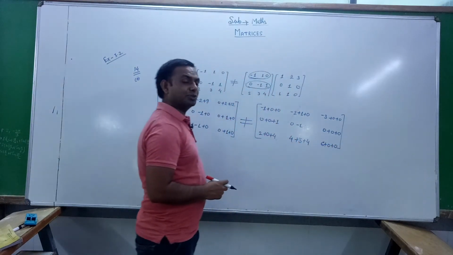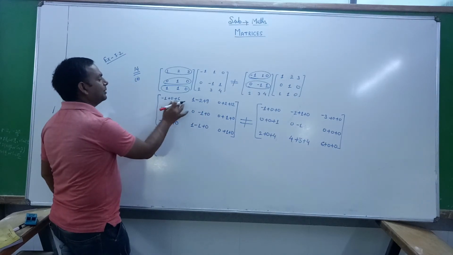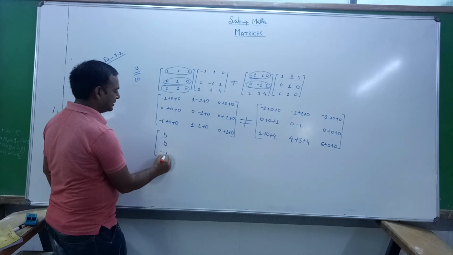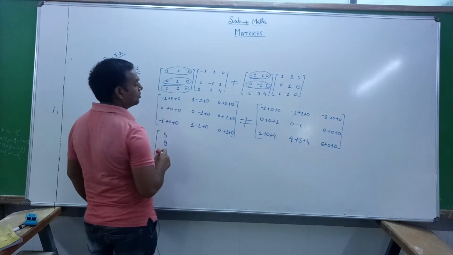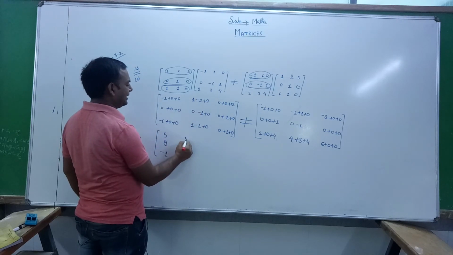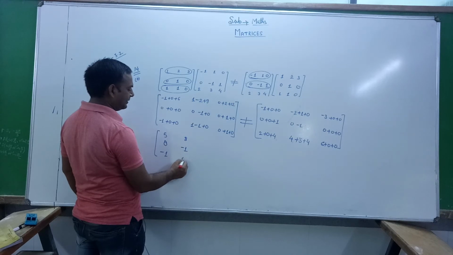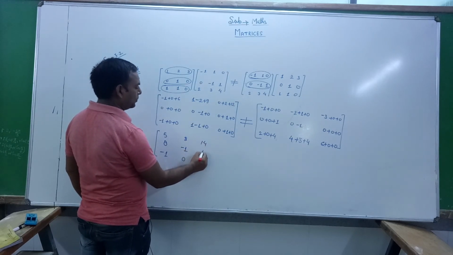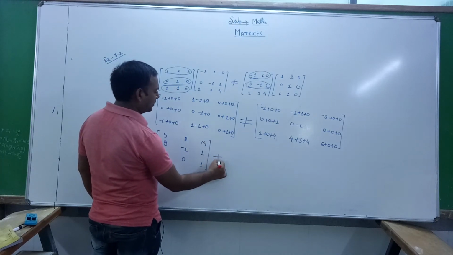So you see here that this is minus 1 plus 6, that is 5, plus 0, that is minus 1. Then second, 1 minus 2 minus 1 plus 9, that is 8, minus 1, that is 0. Then 2 and 12, that is 14, 1, and that is 1. This is the value.